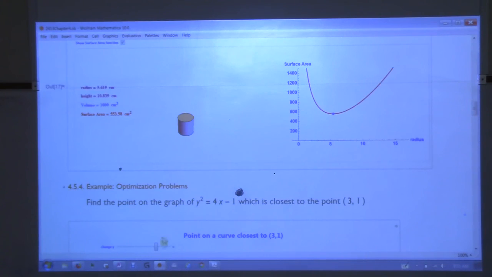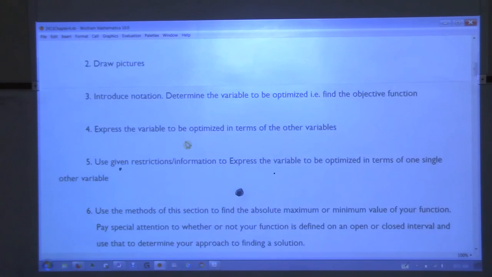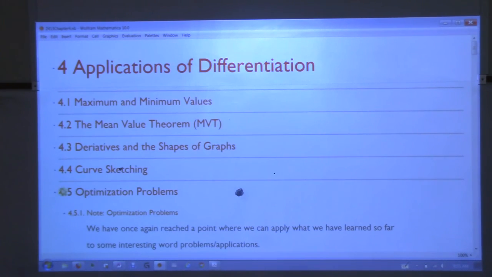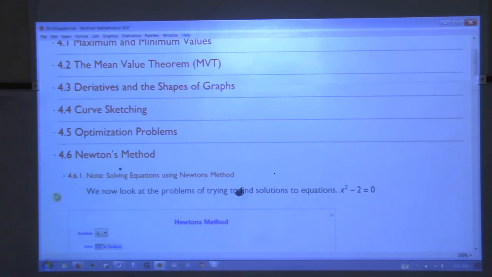All right, so what I'm going to do now is something that I think we can squeeze into this test that I think you'll enjoy. I want to do Newton's method.